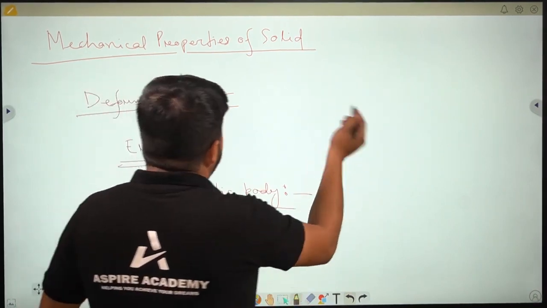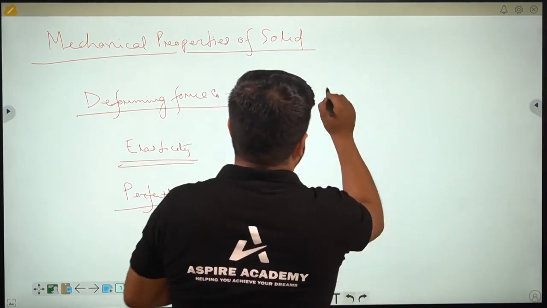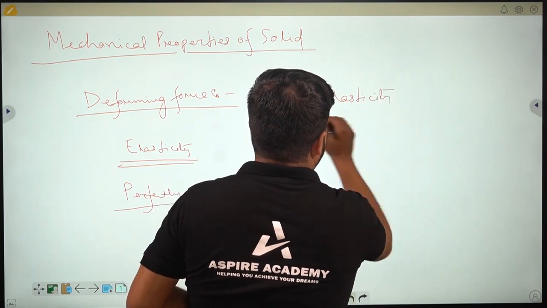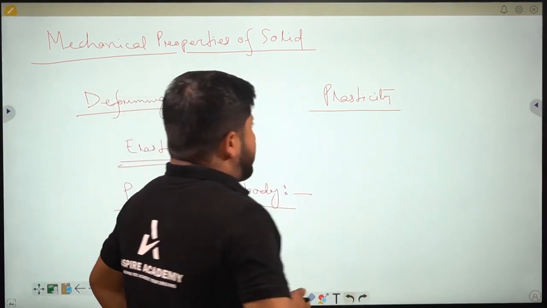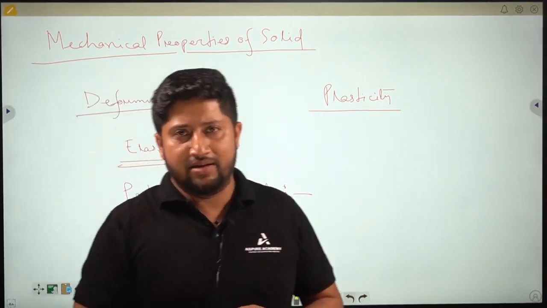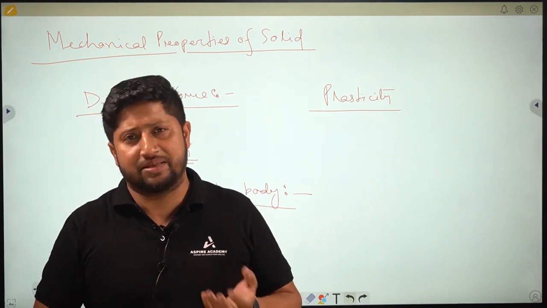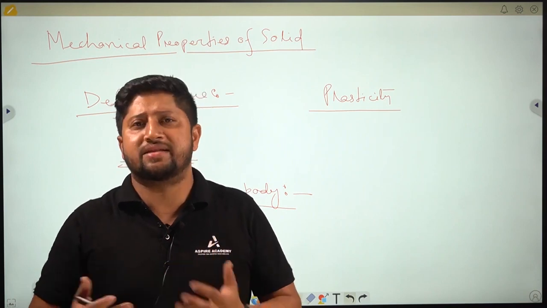Another term is plasticity. So what is plasticity? Plasticity refers to a plastic body. Suppose in our day-to-day life, if we apply a force on a plastic body, it can break or change its shape and size.